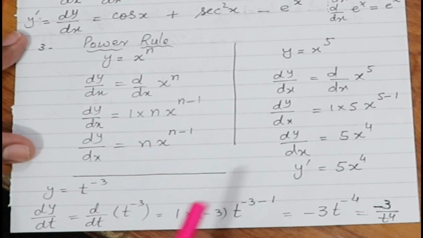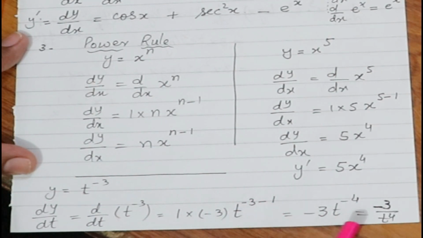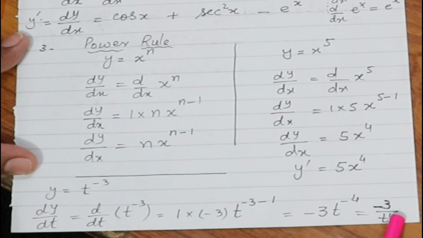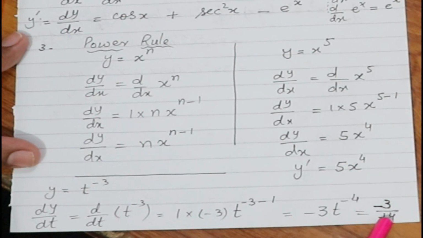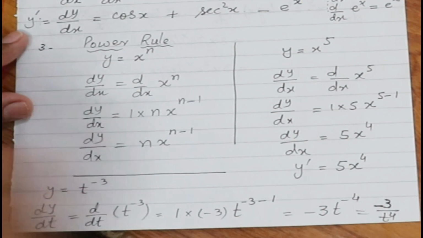Finally, this will take the form minus 3 t power minus 3 minus 1, which equals minus 4. The final answer will be minus 3 upon t power plus 4. Here the power is minus 4; when it goes into the denominator form, minus 4 will shift into plus 4.